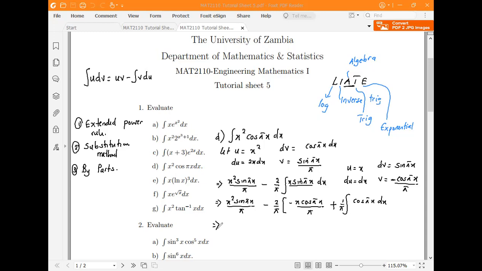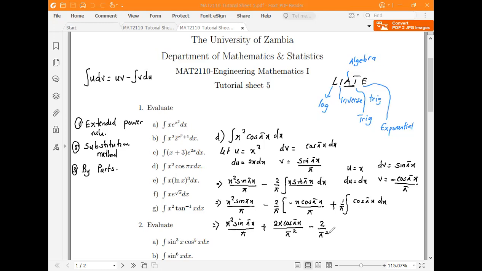This means that we are getting what? This is going to be x squared sine pi x over pi plus 2x cos pi x over pi squared. Okay? Minus, so it remains minus 2 over pi squared. What is the integral of cos pi x?